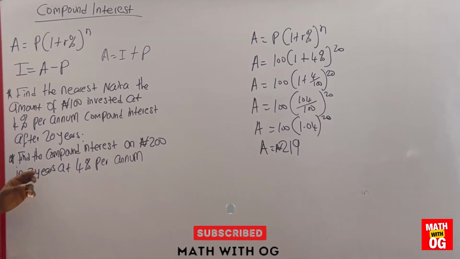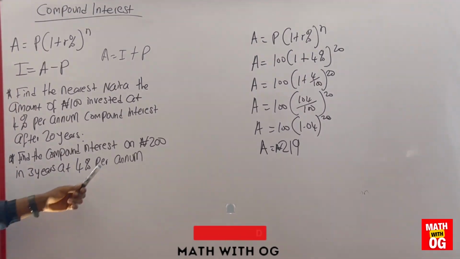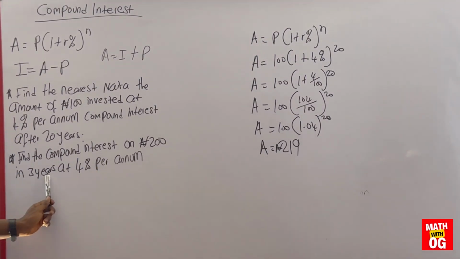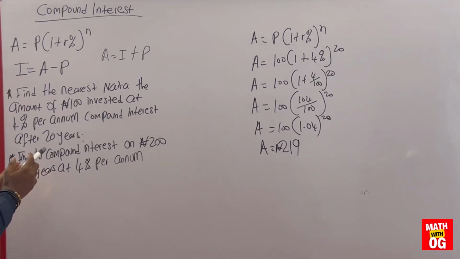The next question here: find the compound interest on 200 naira in 3 years at 4% per annum. What we are to do here is to find the compound interest, not the amount.